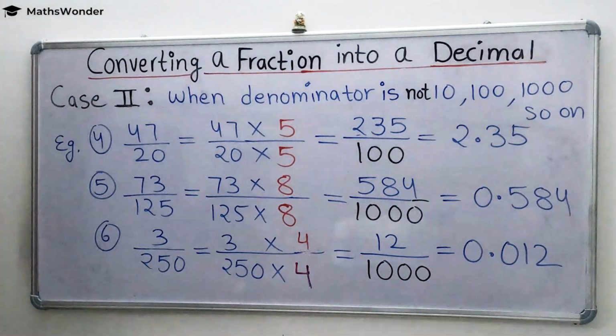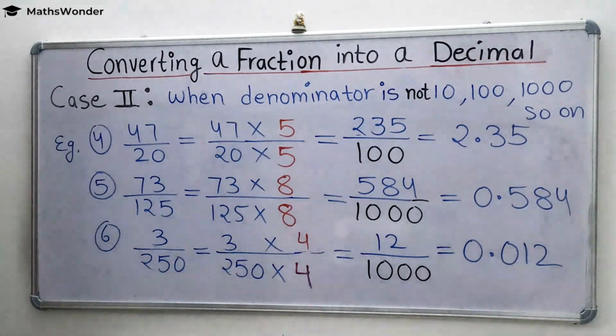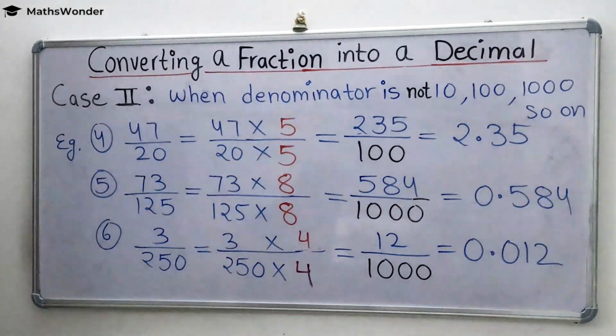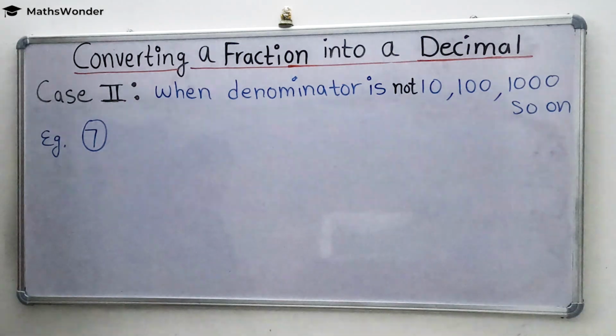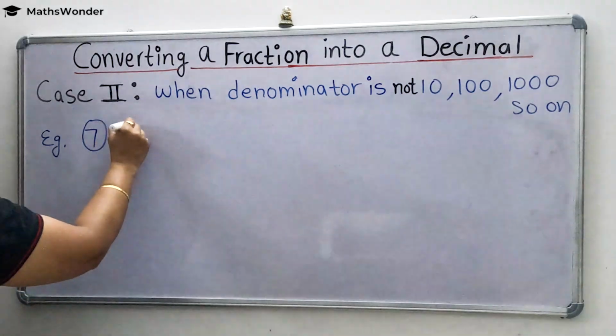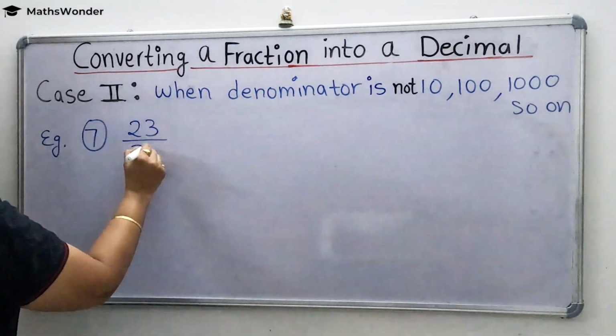If we have 25 in the denominator, then we can easily convert it. I want to give two more examples of a different type. So now the seventh example is 23 over 25.